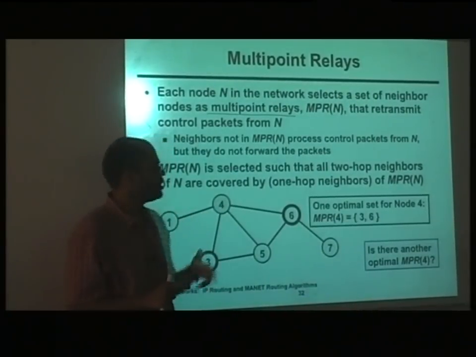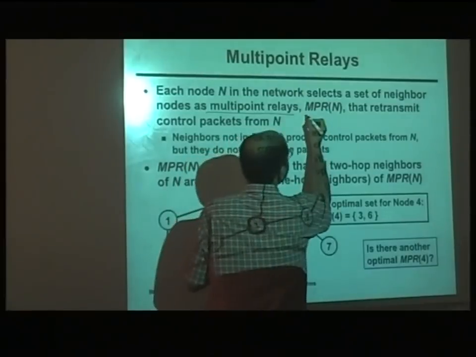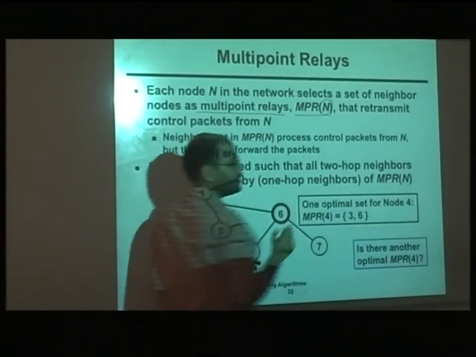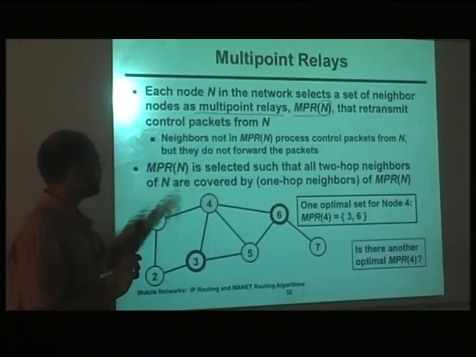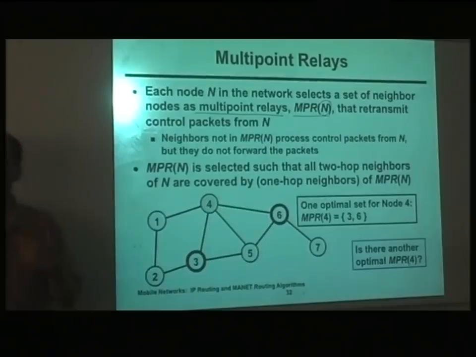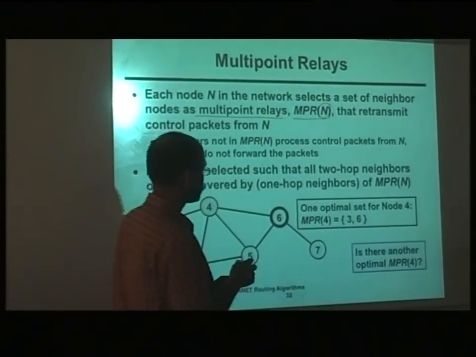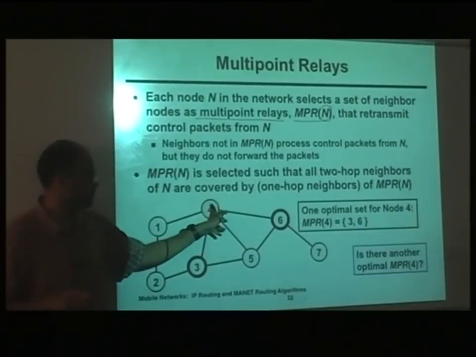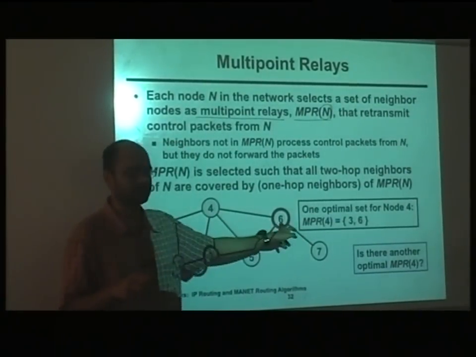Okay. So, for example, MPR of n is one unique ID. MPR of n is a set, and that contains all the nodes which n has selected to transmit its information. So, MPR of 4, if you look at this specific case, MPR of 4 is 3 and 6.